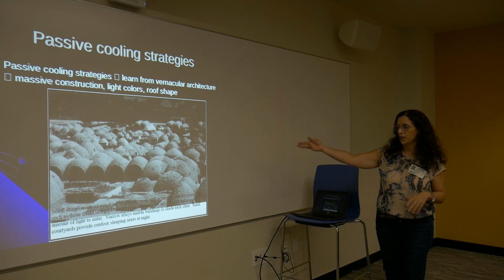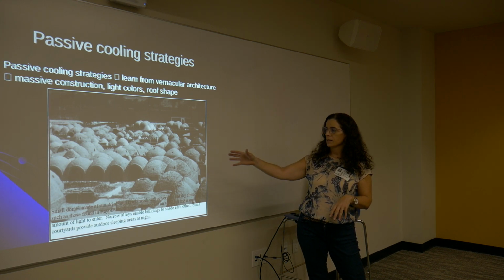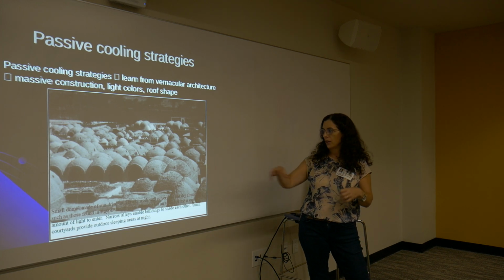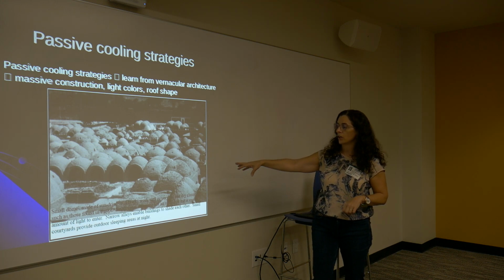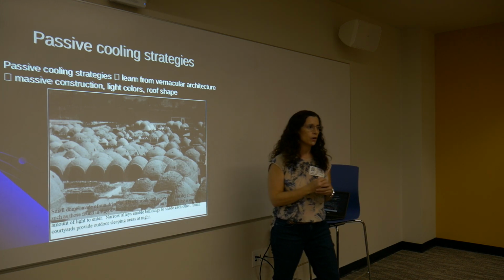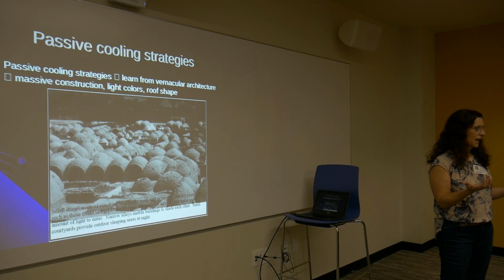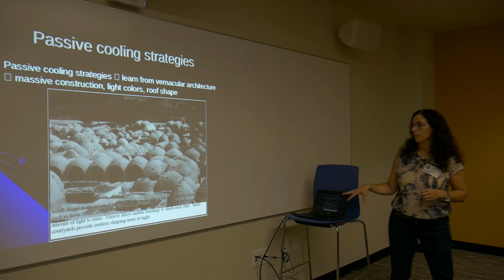For example, this is in Egypt, and how they use these round shapes all together, so they shade each other, and in that way they protect from excessive sun exposure. They also have little windows; the fewer windows, the less sun penetration. So it's actually better for keeping those houses fresh that way.